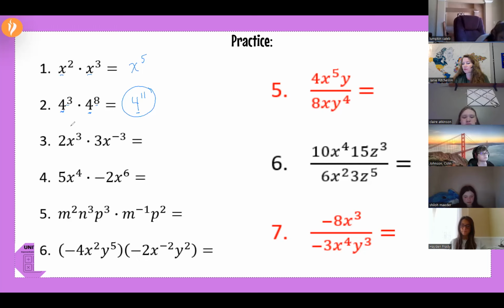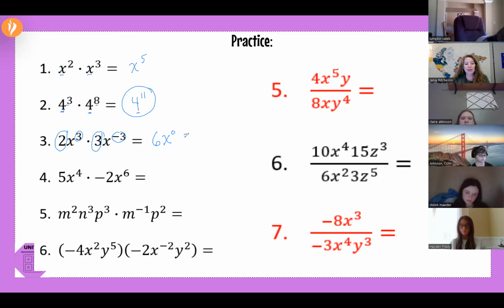And there we go. Now the third one, the 2 and the 3 are the coefficients. They're both raised to the first power. They're both attached to a variable. So we do multiply 2 and 3. So 2 times 3 is 6. And then when we add those exponents, 3 plus negative 3 is 0.